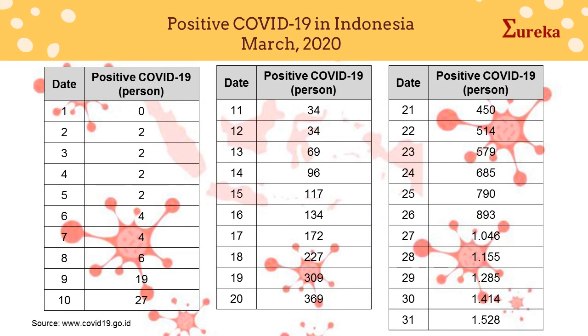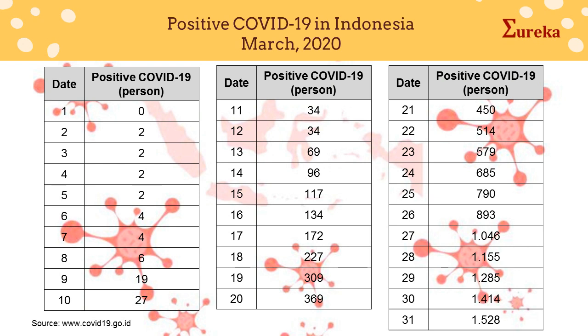Now we already have the data of patients who are positive for COVID-19 in Indonesia in March 2020. This data shows the patients who are positive for COVID-19 from 1st March until 31st March 2020.